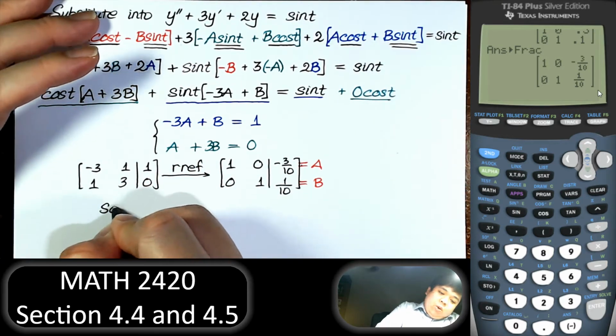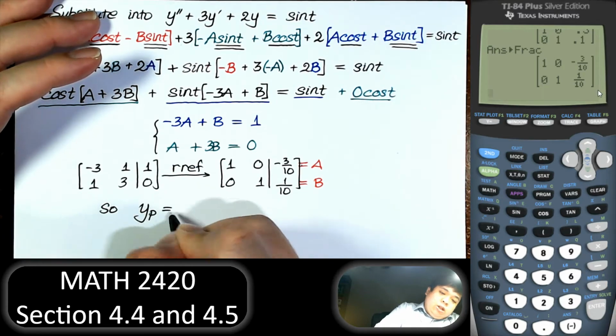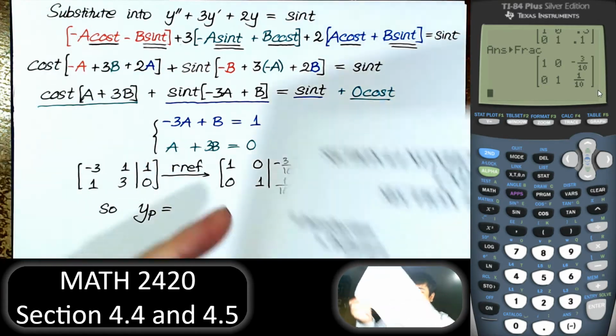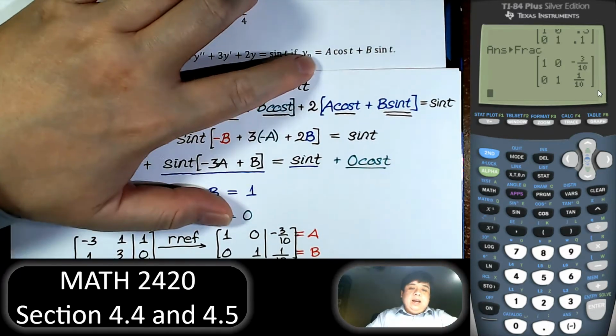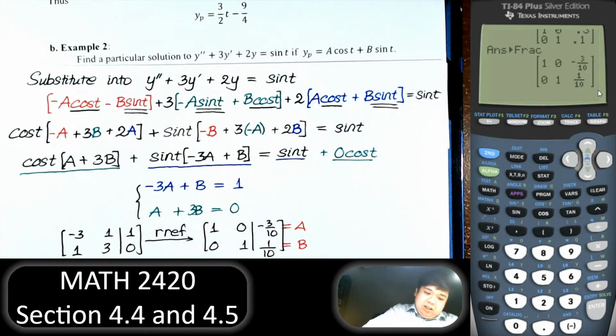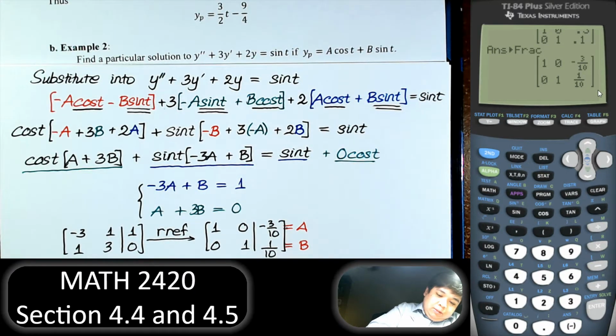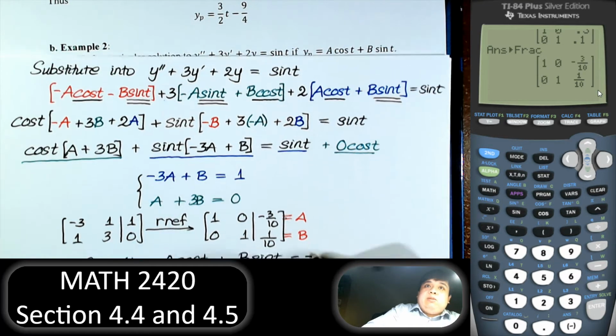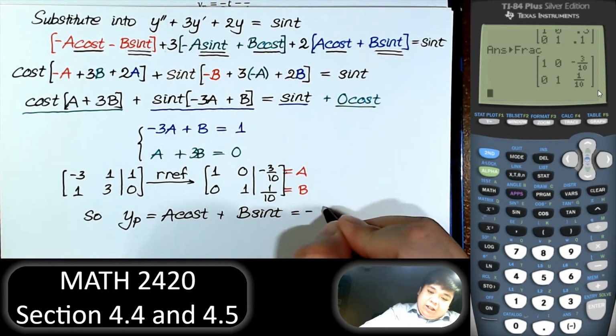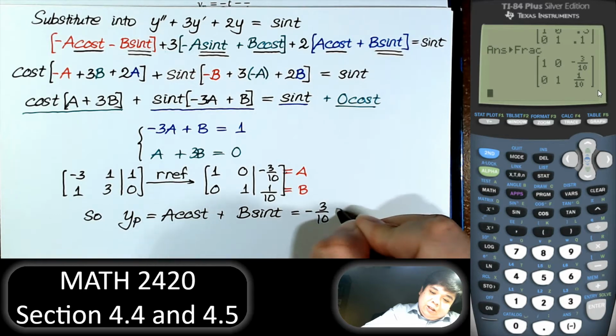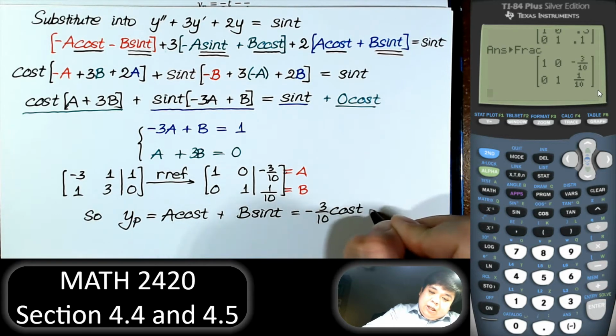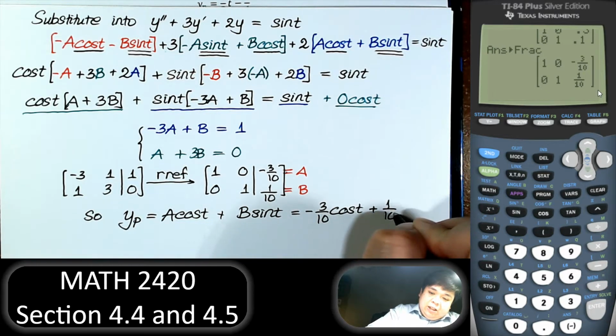So we have the equation. Particular solution was a cosine t plus b sine t. So a is negative 3 over 10 cosine t, and b is 1 over 10 sine t.